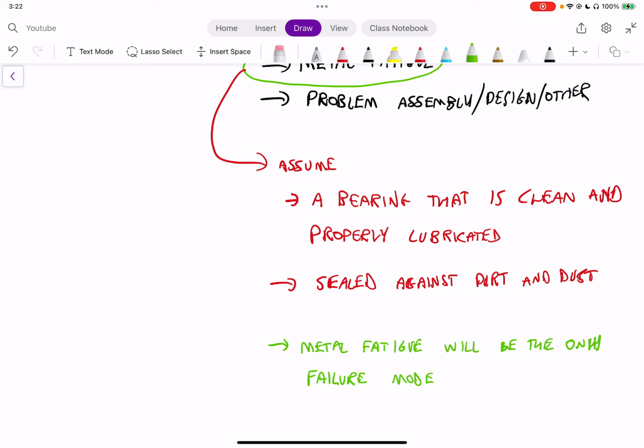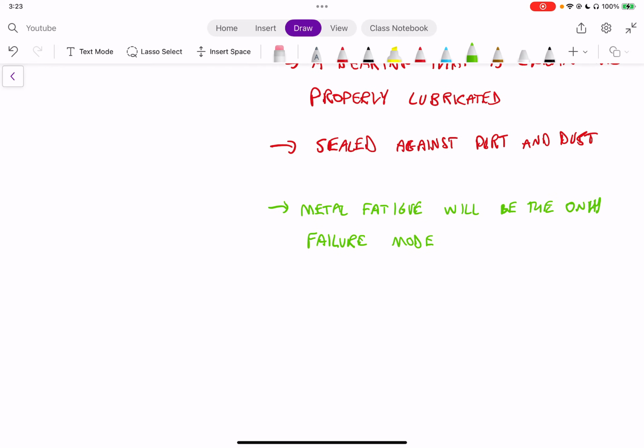Okay, so based on this, we now have a definition for what our bearing life would be, and we know that bearing life is defined by just metal fatigue. Now, there's two ways in which we can measure bearing life.